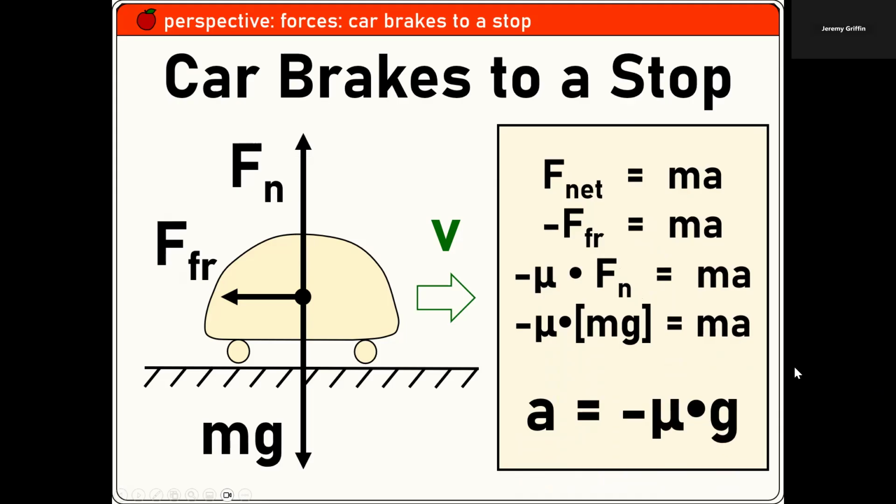You remember driving to Publix to get your Thanksgiving Day groceries with an empty car, and then driving back the other way with a car full of groceries? It's the same braking distance. If you're braking to a stop, the car will slow down at the same rate, regardless of the mass. So that's a pretty good one right there.